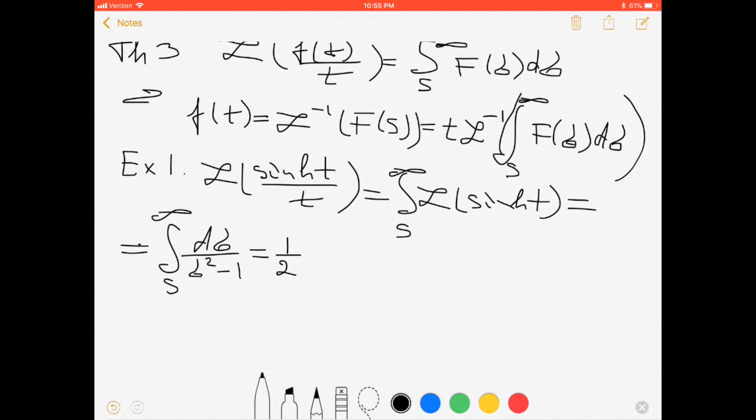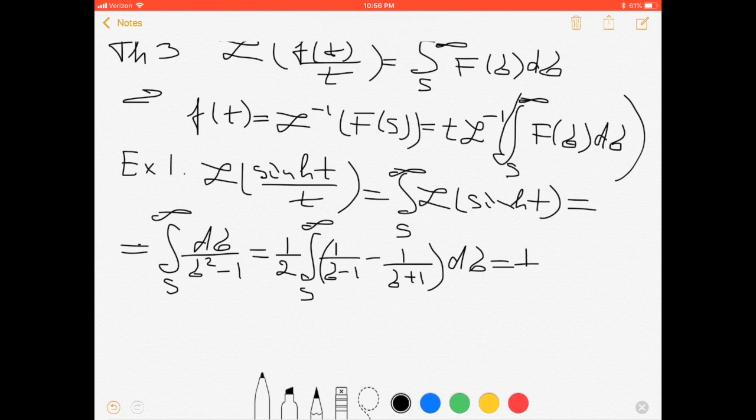It will be 1/2 integral of 1 over sigma minus 1 minus 1 over sigma plus 1. And sigma is the variable when we integrate. This means sigma goes from s to infinity. Each integral will be a natural log, and then we collect all together.